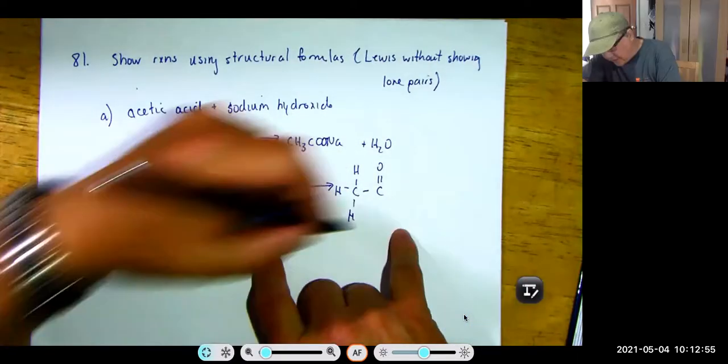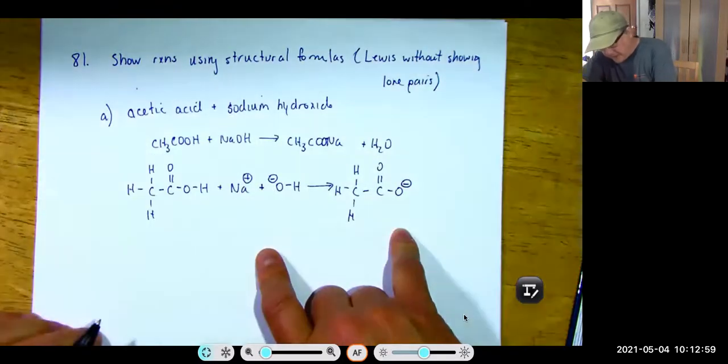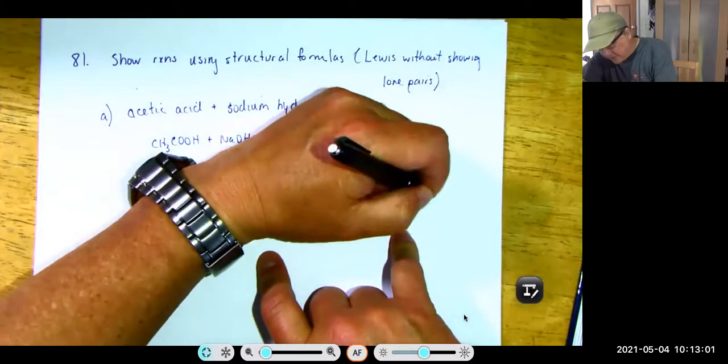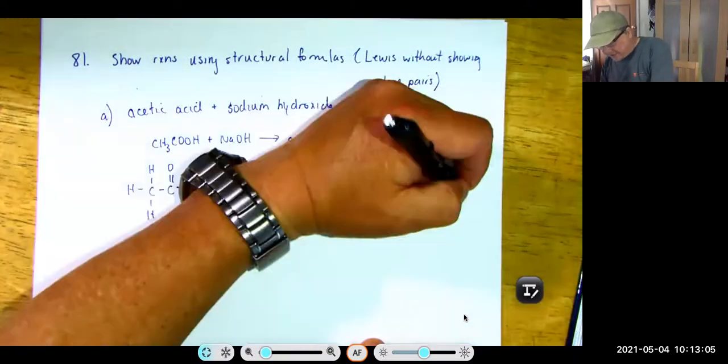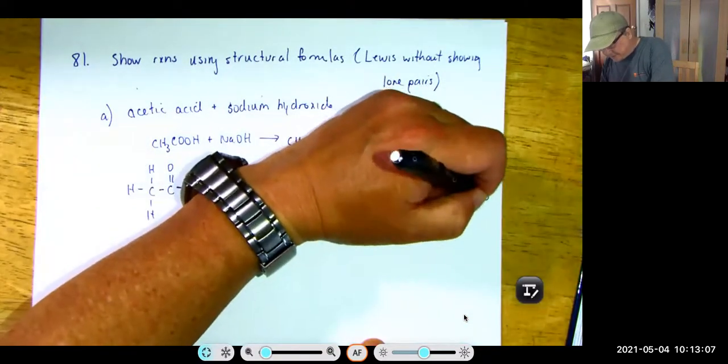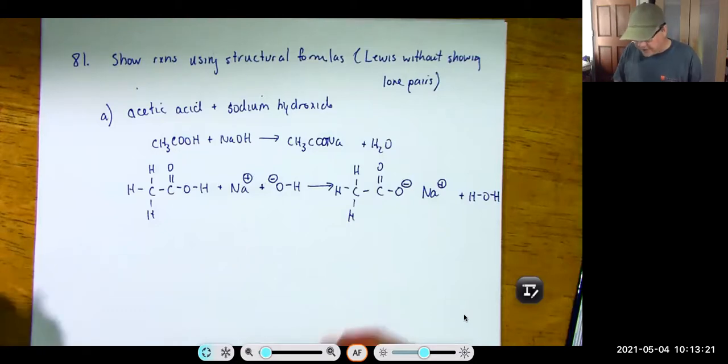And then an O here, and then a negative on it. And then I'm going to put the sodium here because these are oppositely charged ions. And then I'm going to make an HOH. And I'm not trying to show any 3D on it or any bond angles. I'm just trying to show how things are connected and the charges on things.